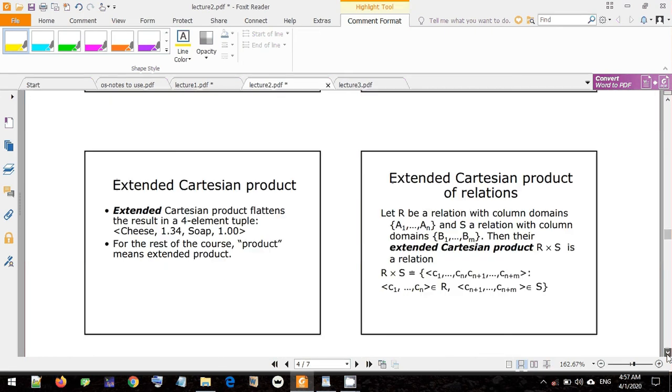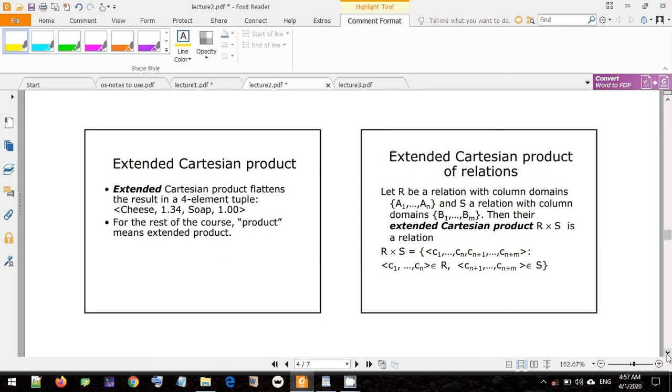So you should understand that once you perform the Cartesian product, it gives you another relation.